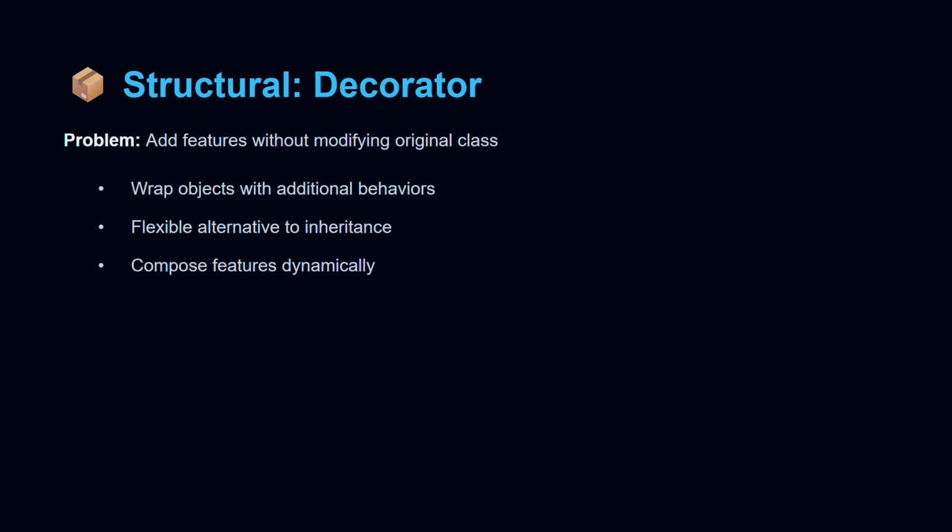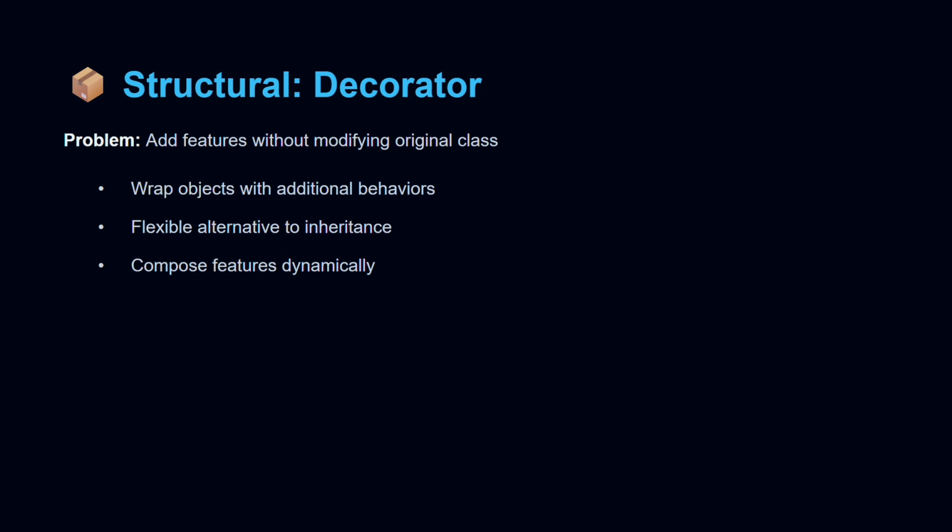It adds features dynamically at runtime, and is a flexible alternative to inheritance, letting you compose multiple features together. Let's think of decorating a coffee. Start with black coffee, then add cream, sugar. Each decorator adds a behavior, so the same thing will be done here.